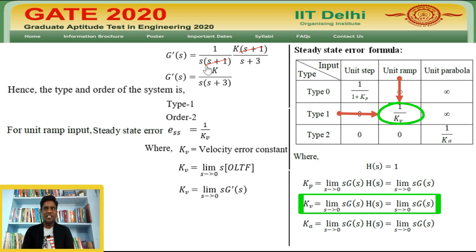Then substitute G'(s) in the Kv equation. After that, the equation will be Kv equal to limit s tends to 0 of s into K divided by s into (s plus 3). In this equation, the numerator s and denominator s will get cancelled to each other, and also apply the limit s tends to 0. So after that, the equation will be Kv equal to K divided by 3.